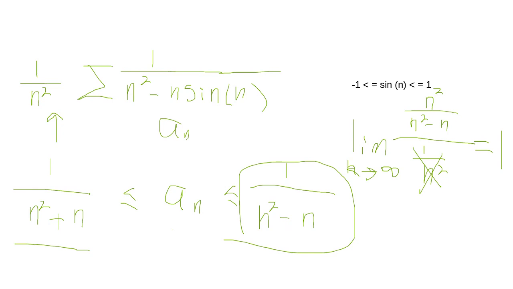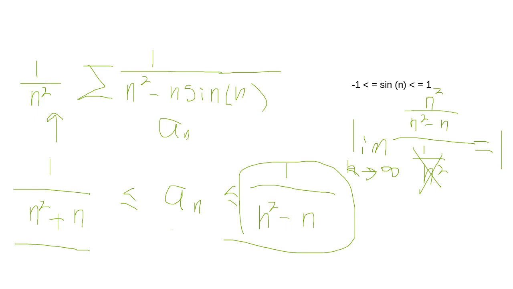So the limit comparison test says, if the limit of the ratio equals a non-zero number, that means the two series are just a multiple of each other. The relationship is a scaling. So if one converges, the other converges. If one diverges, the other diverges.